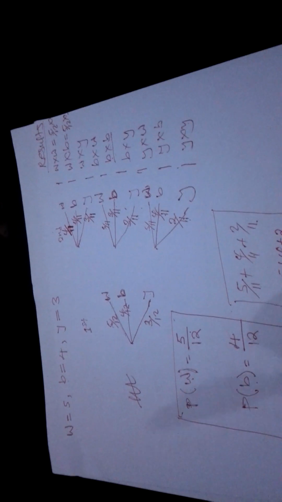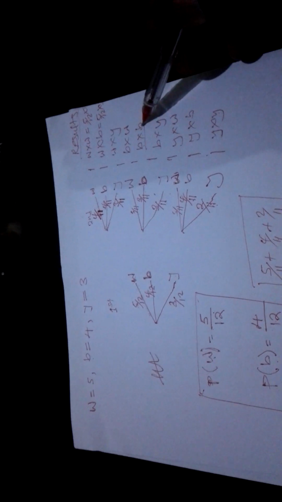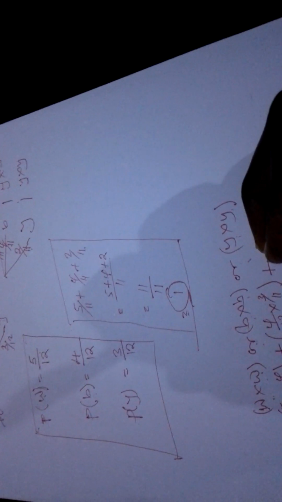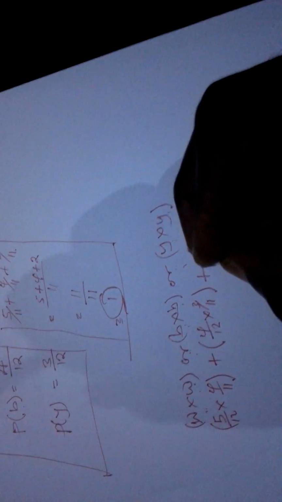So we have 4 out of 12 times, blue and blue means blue times blue. So we have another blue here, which was this one. So for this blue, the fraction is 3 out of 11.